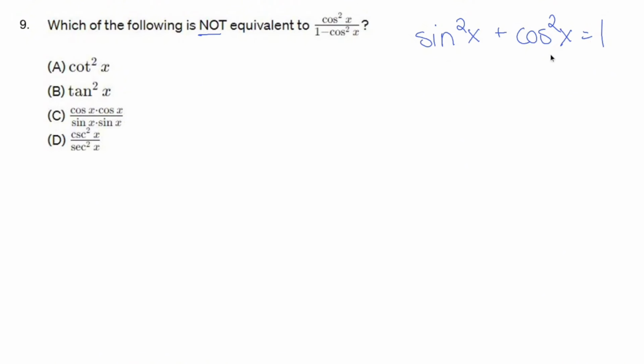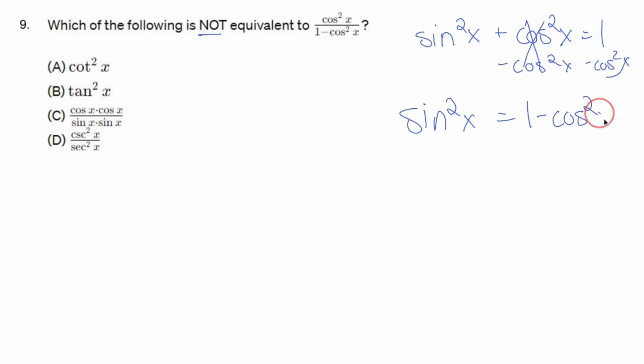I really don't have that here, but ooh, you know what I do have? If I subtract cos squared x from both sides, sine squared x is the same as 1 minus cos squared x. So what I can do is replace that 1 minus cos squared x with sine squared x.